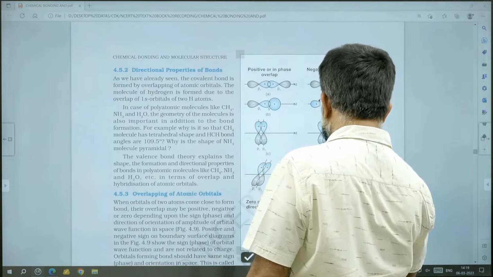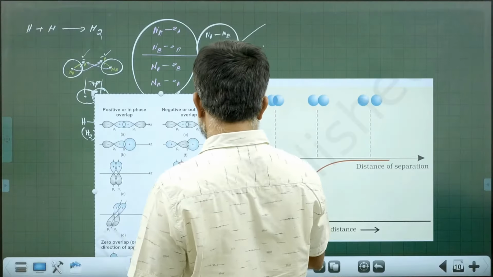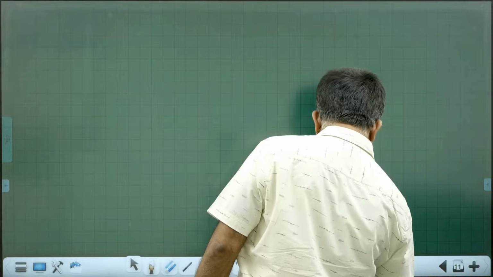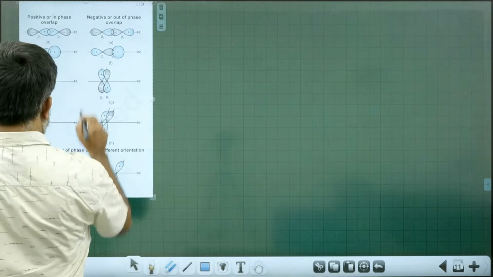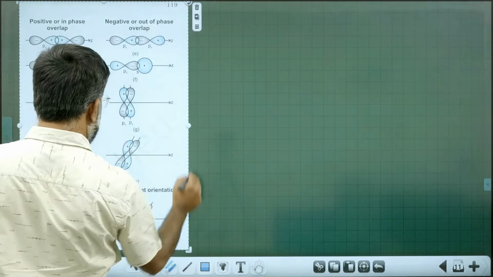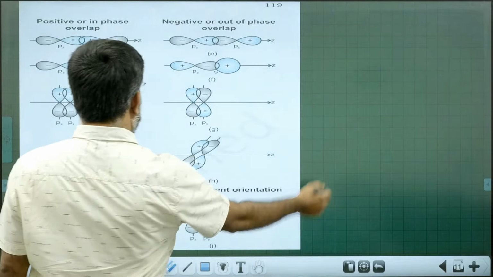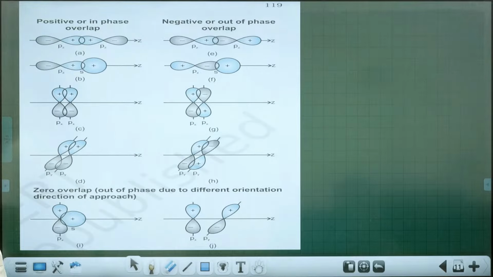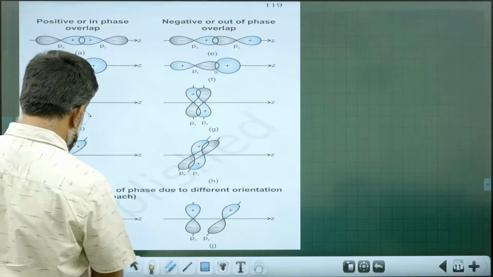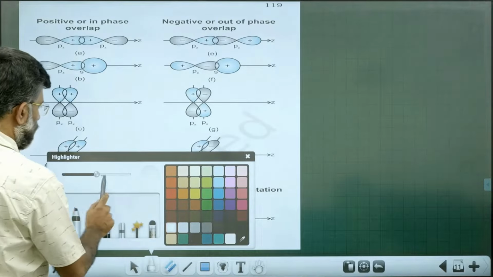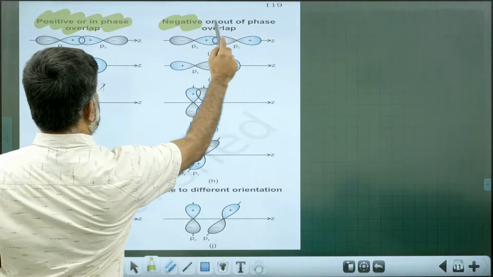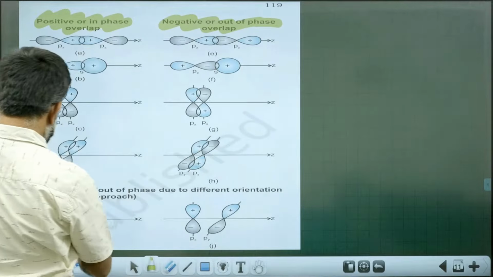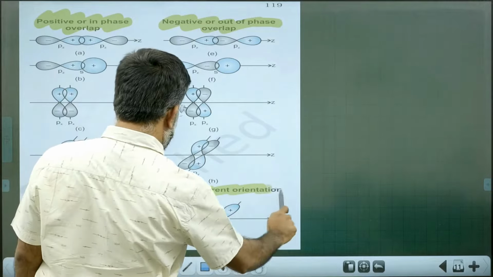These are the kinds of orbital overlap which are possible. You see the kinds of overlap? There is positive overlap, there is negative overlap, and there is zero overlap, out of phase overlap.